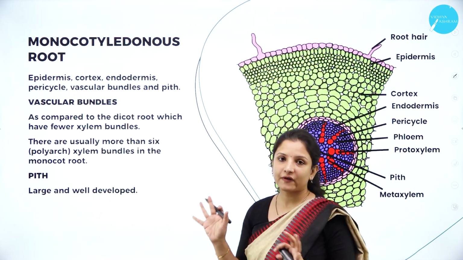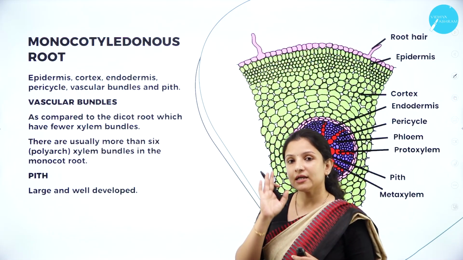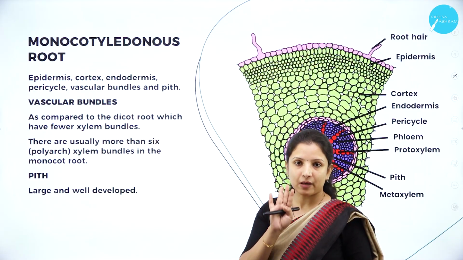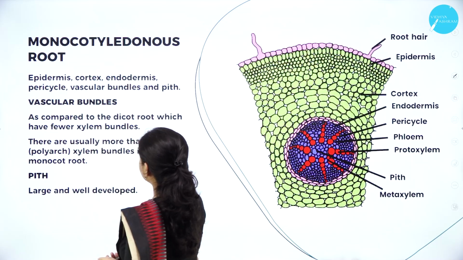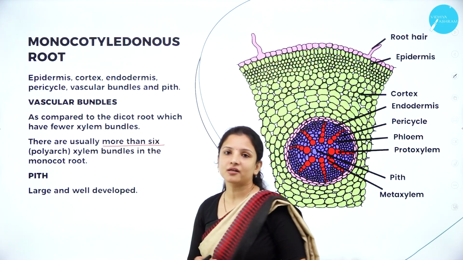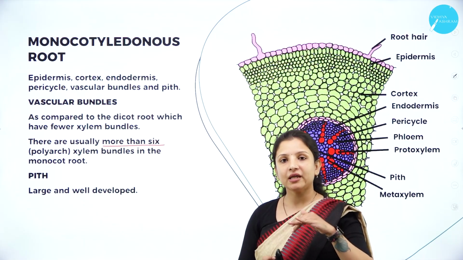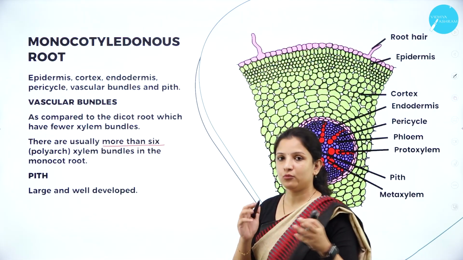There are differences in the vascular bundle. If you remember, previously I told you in dicot root they have 4 patches of xylem and 4 patches of phloem, right? But in the monocot root they have more than 6, that is, the polyarch condition is seen here. Poly meaning many. So many patches of xylem and phloem are present, more than 6.